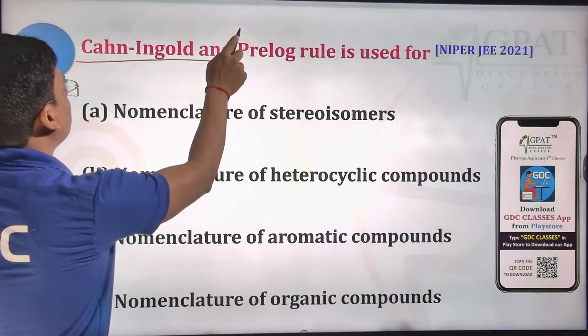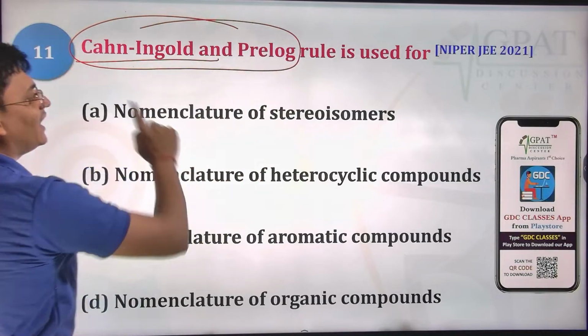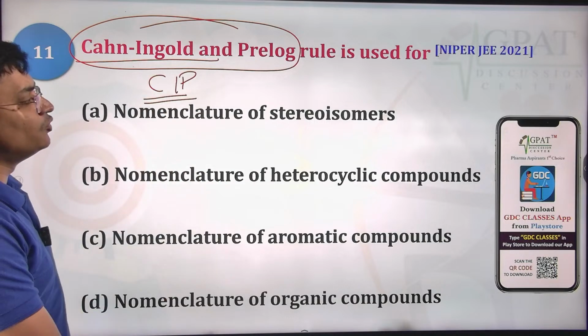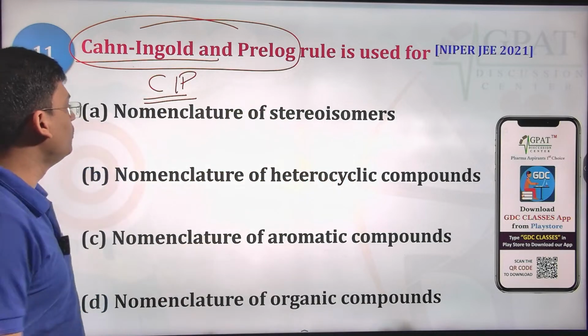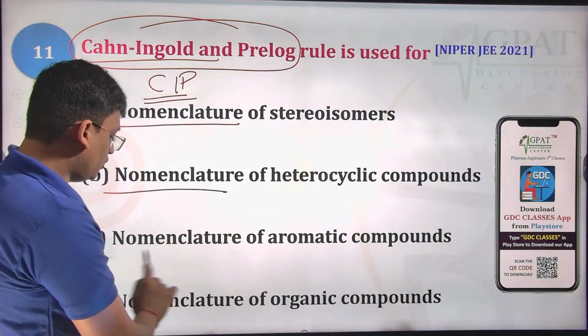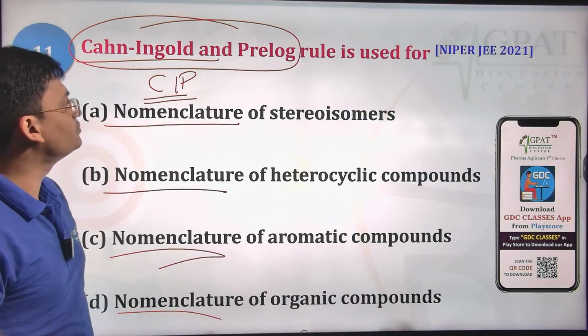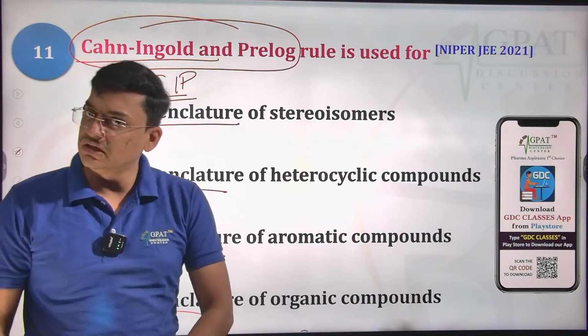For the next question, we have the CIP rule. What is the correct option mentioned for the CIP rule? It is used for the nomenclature of stereoisomers.